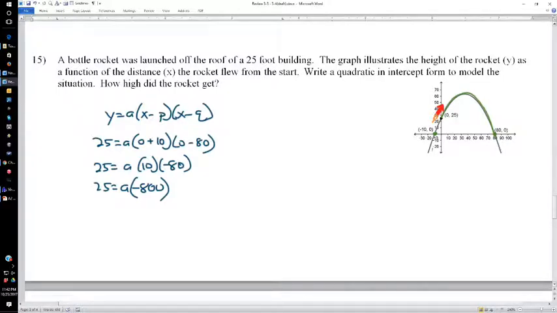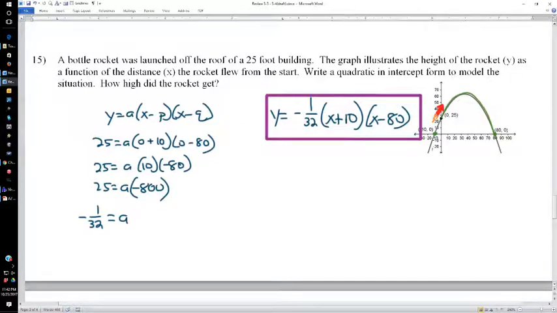Just letting you know. Is 1 over 32. Is that right? Yeah, 1 over 32. A equals negative 1 over 32. So that's your A value. Write your equation. Y equals negative 1 over 32, x plus 10, x minus 80.